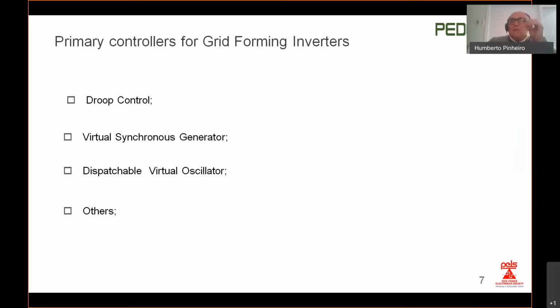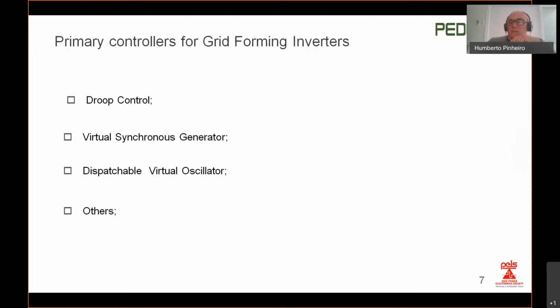Here we consider two alternatives of implementation of the Droop control. The synchronous generators are widely used in the conventional power system, and they have this inherent active and reactive power sharing characteristic. The second primary controller that we consider is the virtual synchronous generator, where the inverter and its controller emulate a synchronous generator.